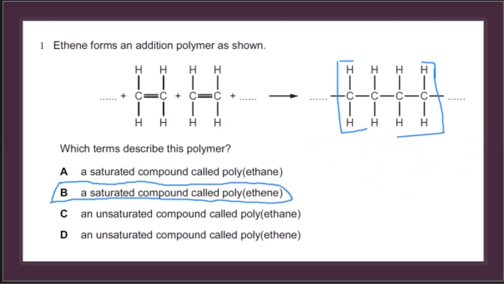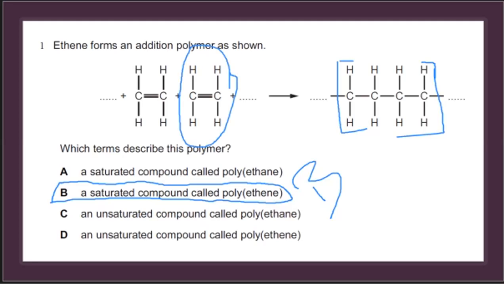So the answer is B as in boy, not A as in apple. The reason why it's not A is because it's taking the name of the alkene that it was formed from. I know that there are only single bonds present in the polymer that we see in there, and according to what we've learned thus far, it should be an alkane.